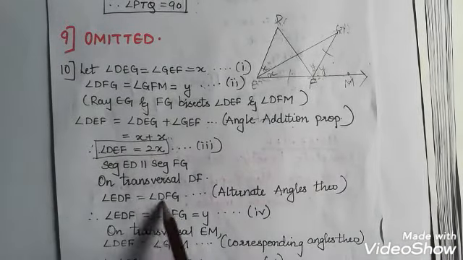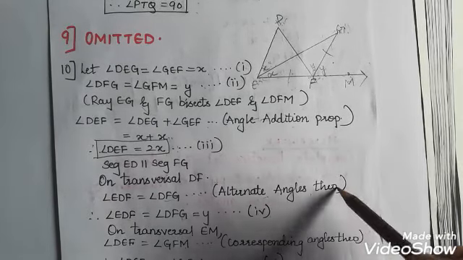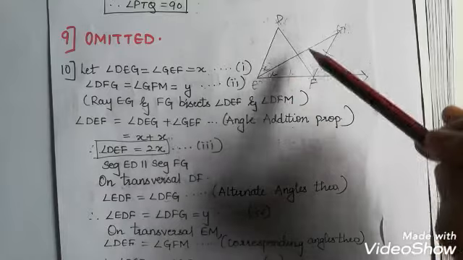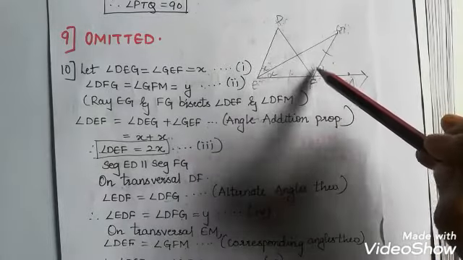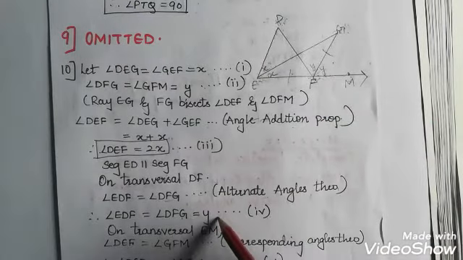So I have written EDF is equal to DFG, that is alternate angles. Now we know angle DFG is y. So if angle DFG is y, angle EDF will also be equal to y.